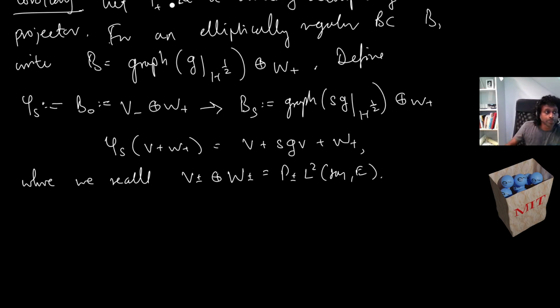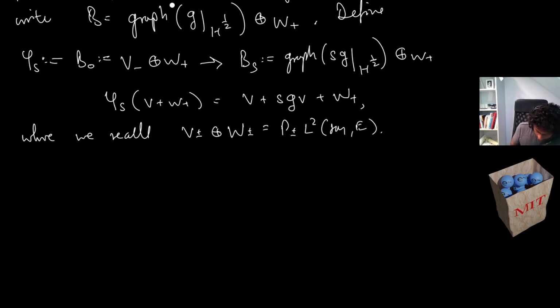So that's the decomposition that's guaranteed by this graphical decomposition. So we have now a graph that takes us from the V minus to the W plus, and that's how we can write this boundary condition B. So we can see that B at 1 is precisely this boundary condition, and B at 0 is the thing that we want to deform it to, right?